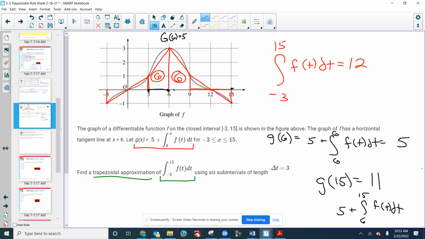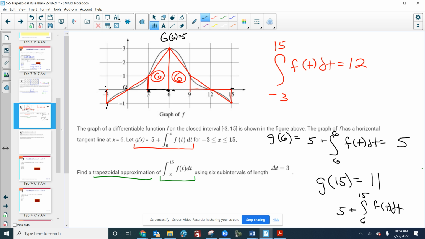Well, to go backwards, I need to subtract. So I'm at 5. Here I must have been at -1. What's g of -3? -1, and that's not the same as this -1. -1 is a position. This would have been a velocity. So g of -3 is -1.